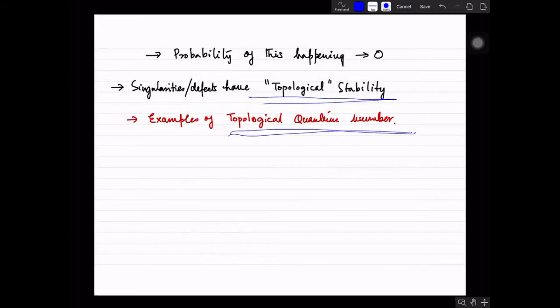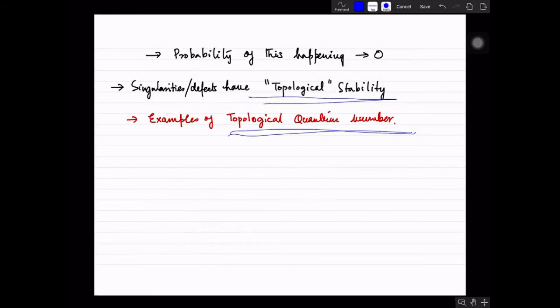So there is an interplay, in modern parlance, between topological quantum numbers and symmetries. This is a very rich structure which a large class of people are trying to understand. But let's not go there.